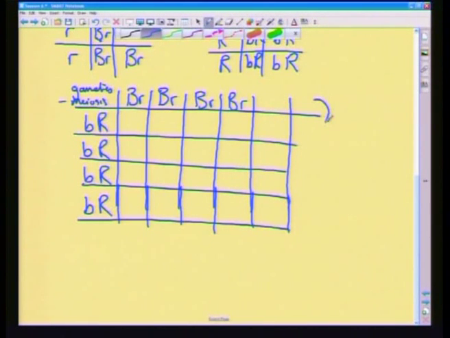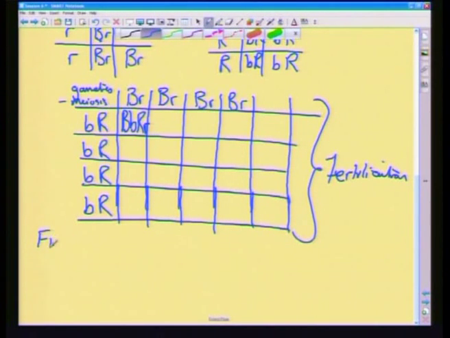Here we're going to have fertilization occurring. And if fertilization occurs, these are our combinations. So in every single case here, we are going to have capital B, small b, capital R, small r. And they are all the same combination.